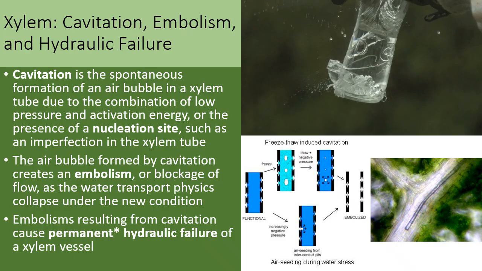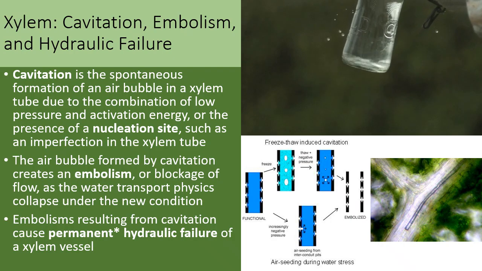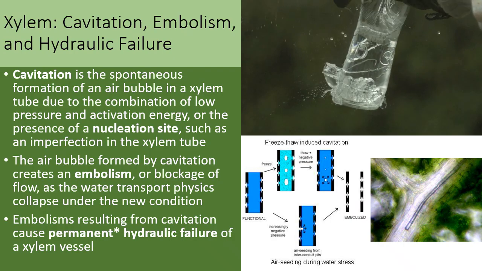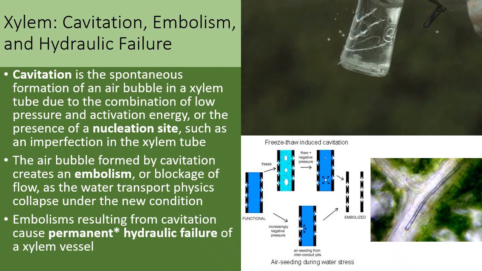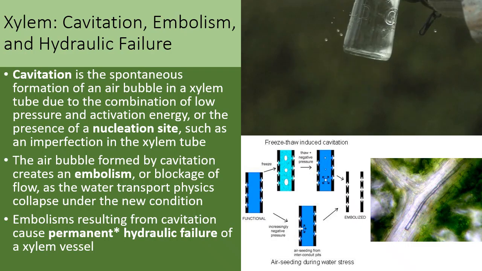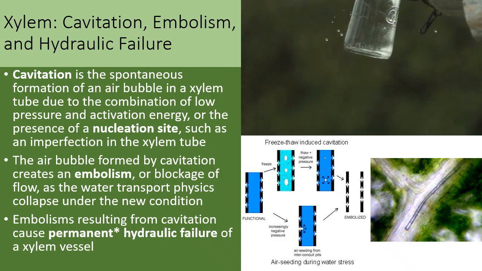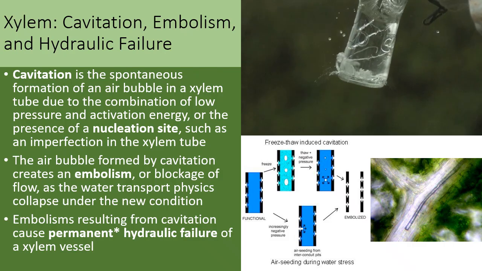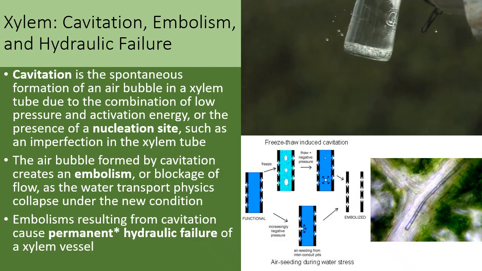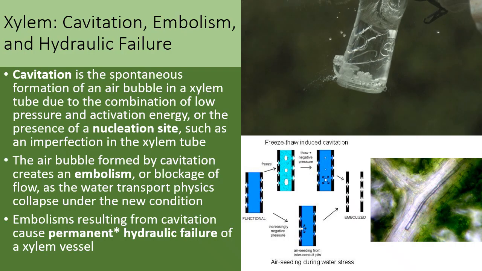There is a third way in which embolism occurs. We talked about nucleation sites. If a tree has a fungal infection in its wood, often the fungus will deliberately degrade and damage the lining of the xylem vessels and the pores which connect them. That can also lead to an embolism.